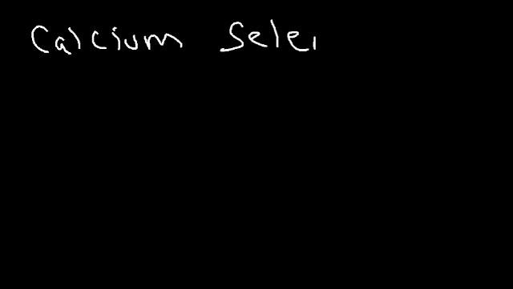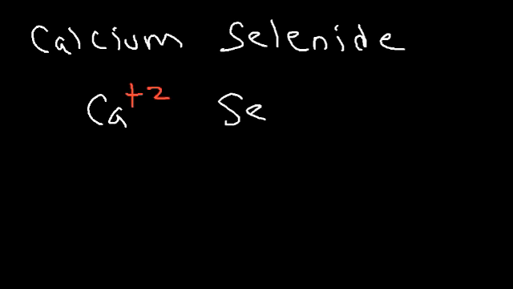So another example of this is calcium selenide. Calcium is an alkaline earth metal with a +2 charge, and selenium is a chalcogen that's below sulfur and it has a -2 charge. Because the charges are the same, you can simply write them in a 1-to-1 ratio.